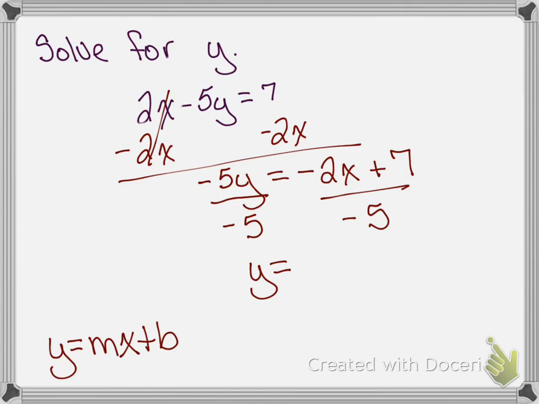And so it's a decent habit to get into to go ahead and split this. So you're going to have negative 2x over negative 5. Then you are going to have 7 over negative 5. Okay? So we would do y equals negative 2x over negative 5 plus 7 over negative 5.